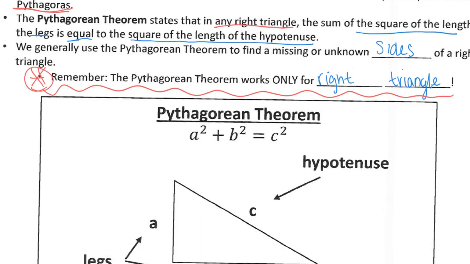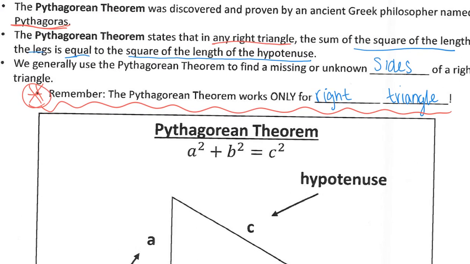This diagram breaks it down for us. Where it said the Pythagorean theorem states, that's what this is. This is saying the sum, which means adding the two sides squared, equals the length of the hypotenuse squared.